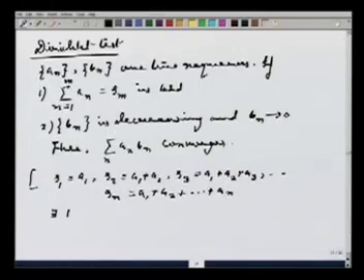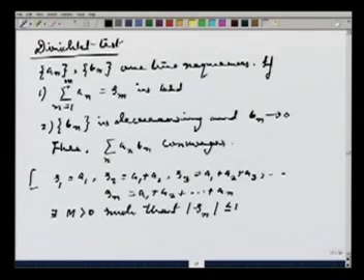It means there exists some m bigger than 0 such that modulus of Sn is less than or equal to m for all n. This is what we mean by saying that Sn is bounded. That means there exists a number capital M such that in the modulus the partial sums of an are less than or equal to that number M.